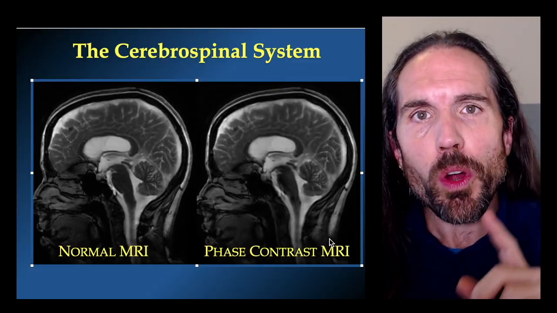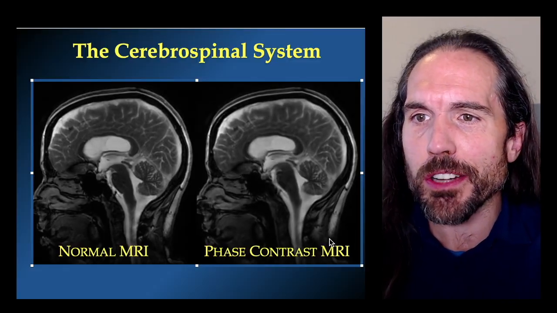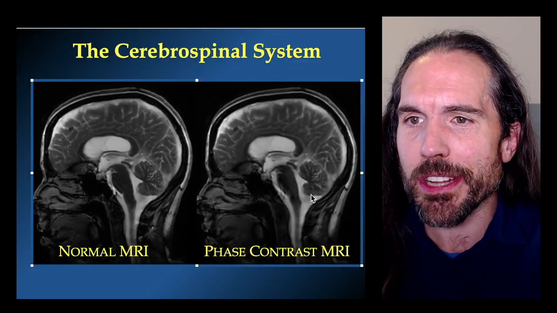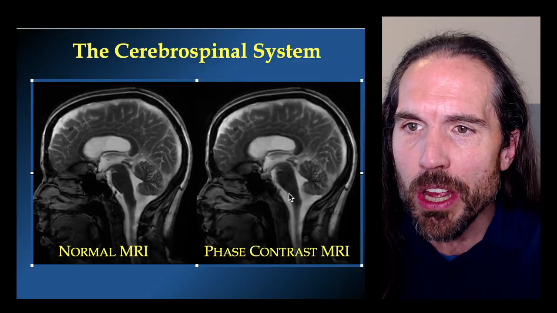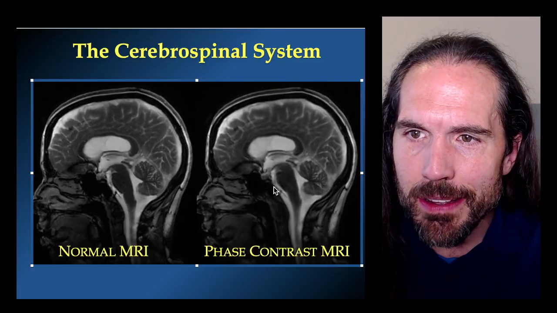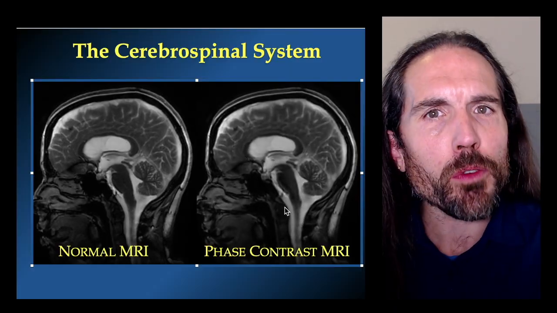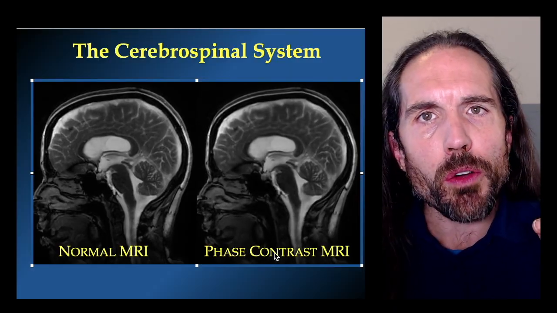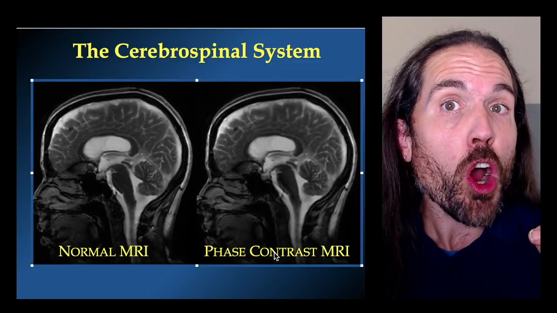But I also want to draw your attention to something else that I don't routinely showcase in this particular video right here. You may notice this moving little black thing going up and down right along here. This is known as the basilar artery.